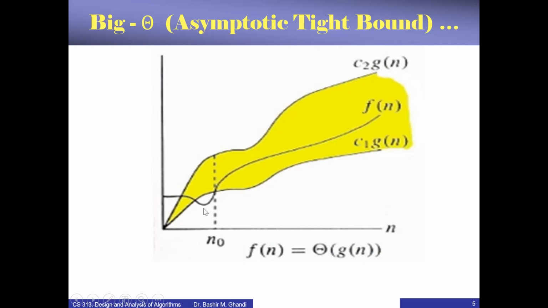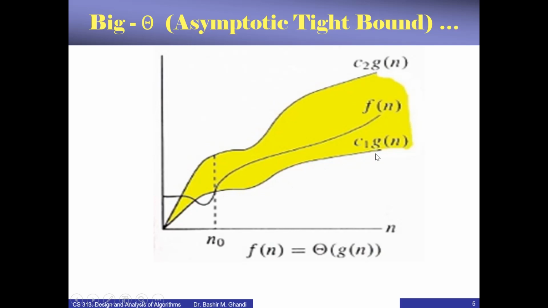Okay. So looking at this graph, if this is our function, then we are saying it is going to be theta of gn if we can find constants c1 and c2 such that fn will always lie between c1 times gn and c2 times gn. You can see that fn is between the two, right?